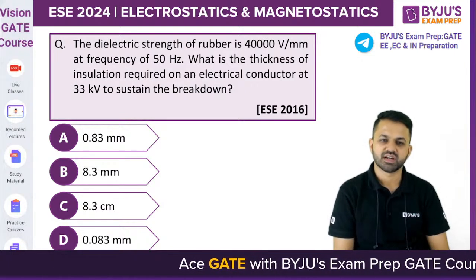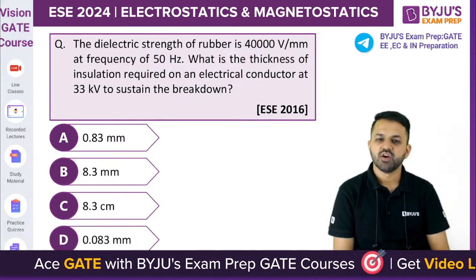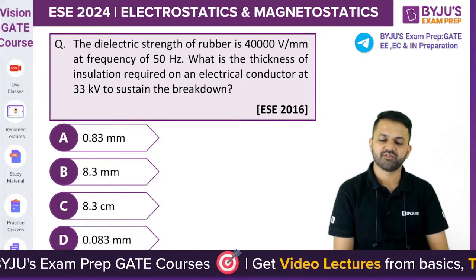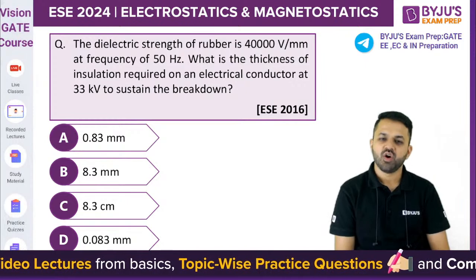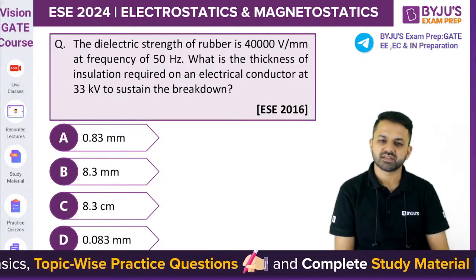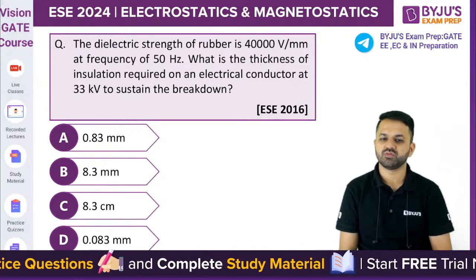Now, next question. The dielectric strength of rubber is 40,000 volt per meter at a frequency of 50 hertz. What is the thickness of the insulation required on an electrical conductor at 33 kilovolt to sustain the breakdown?